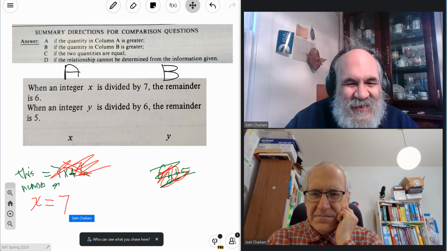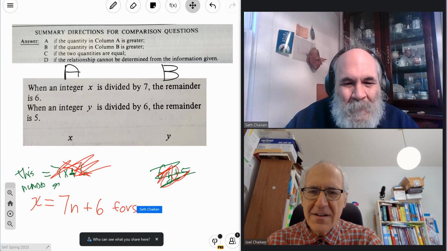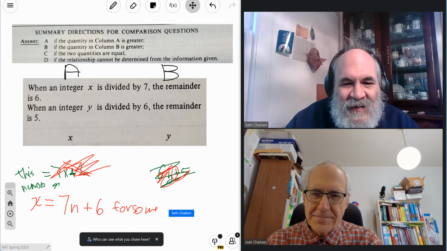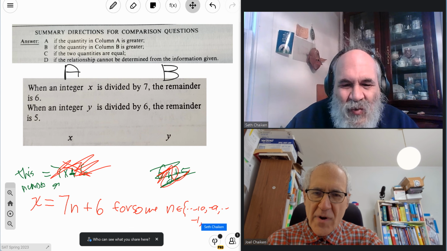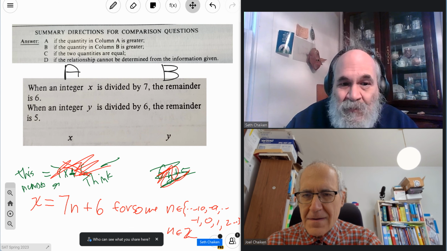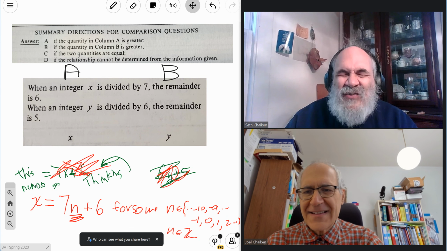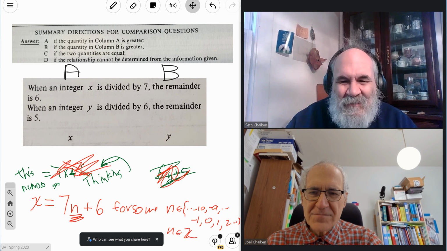That means x has the form 7 times n plus 6, with n being an integer, which could be minus 10, minus 9, and so on, up through 0, 1, 2, 3. So n is an element of the integers, and it's n that's multiplied by 7.